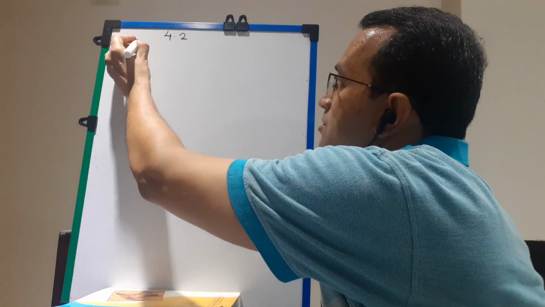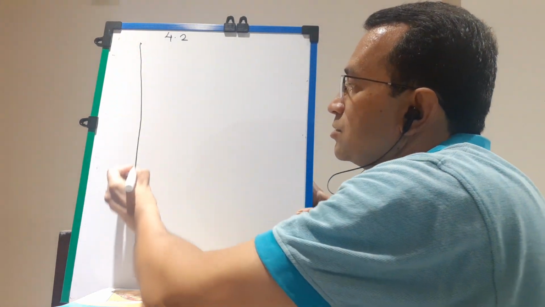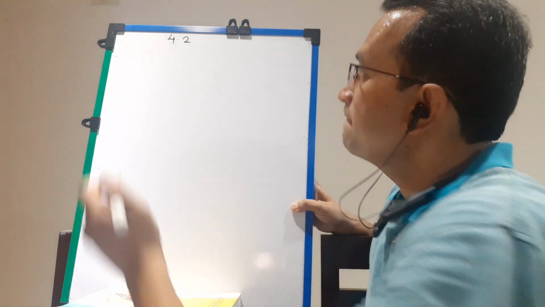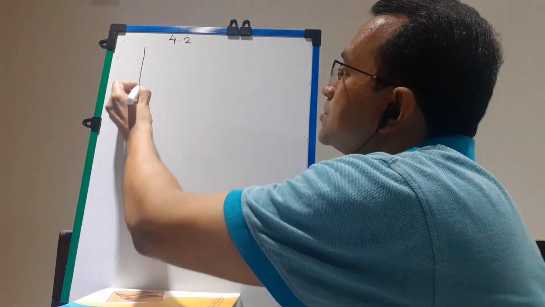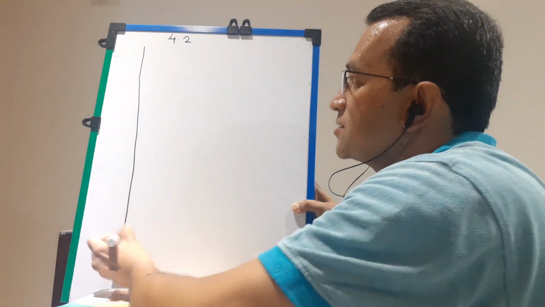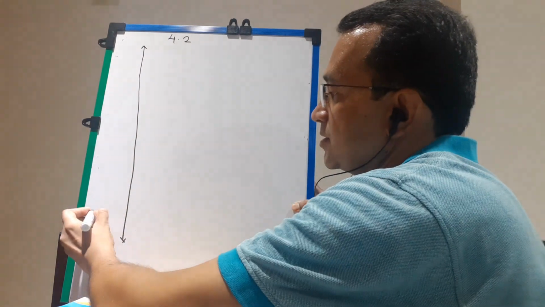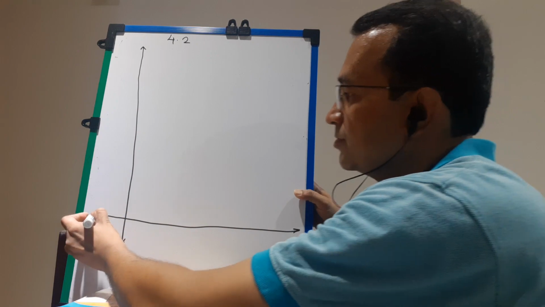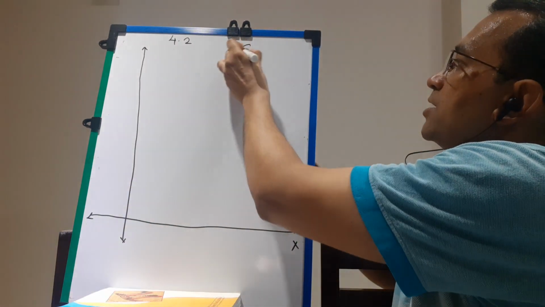So say this is y-axis. Sorry, students, I need to draw a straight line. Say this is our y-axis, and let us say this is our x-axis. Scale is very important.